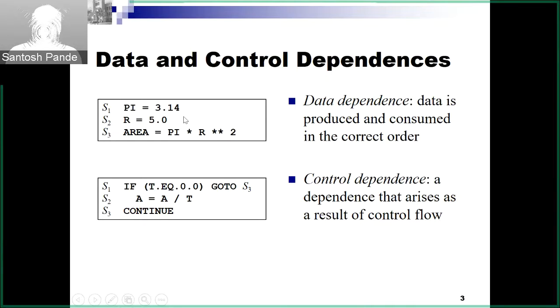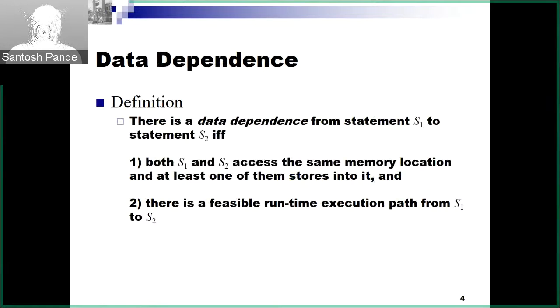But of course, this is a feasible execution path, because we know all three will execute one after the other. But assume that there was some complex control flow between S1, S2 towards S3. And that control flow, we had to assume is a feasible path, because of which now we detected this dependence, as we see here in this definition, and because of which we are not able to rearrange it, and we lost the opportunity to optimize.